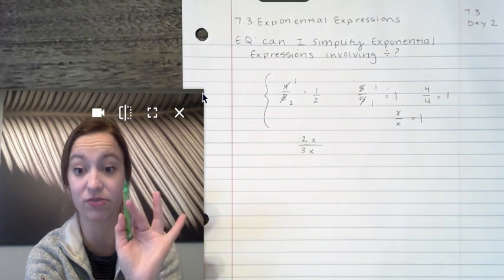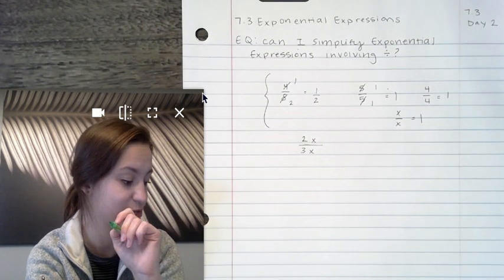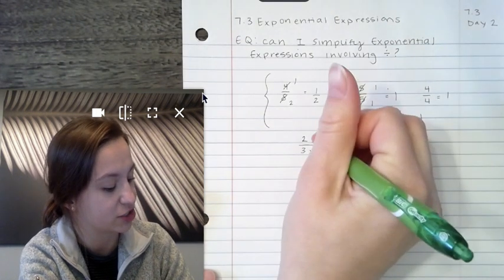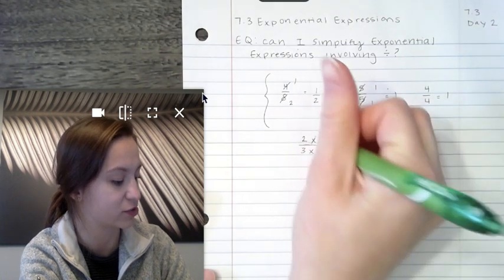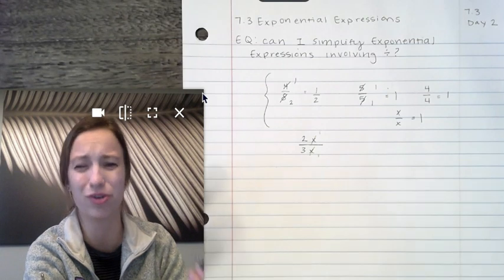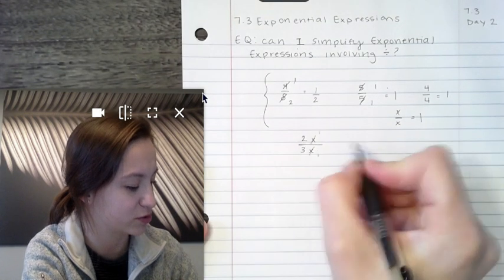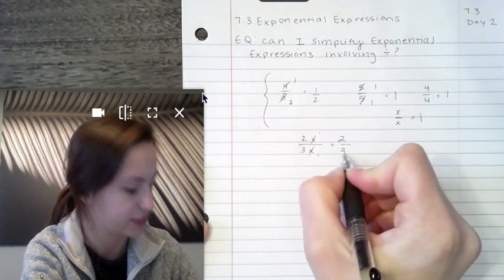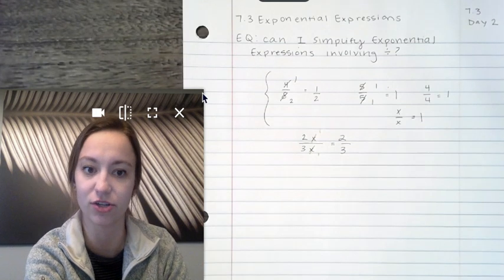I'm going to use a color, or you can use a highlighter. That's going to be really helpful for you. You cross out that x, it turns into a 1, cross out that x, it turns into a 1, and then it kind of goes away. You don't write multiplication by 1. So 2 and 3 is your leftover.